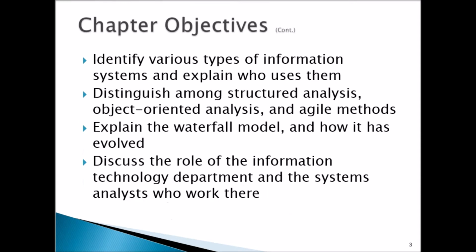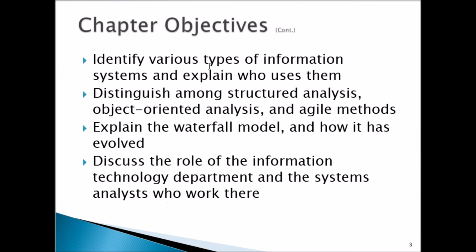So continuing with the chapter objectives, we're going to identify various types of information systems and explain who uses them. We're going to distinguish among structured analysis, object-oriented analysis, and agile methods. Again, the textbook goes into agile methods. I've seen this work badly and I've seen this work very well. I'm going to cover the waterfall model and how it's evolved throughout time.